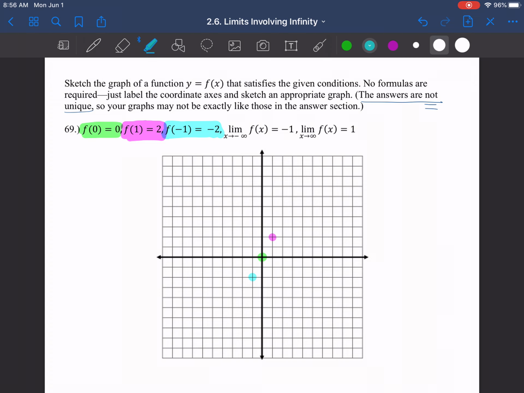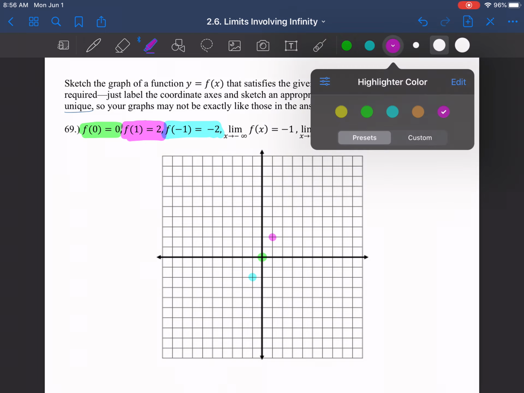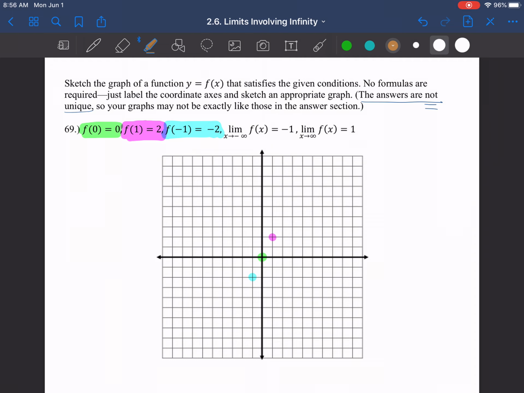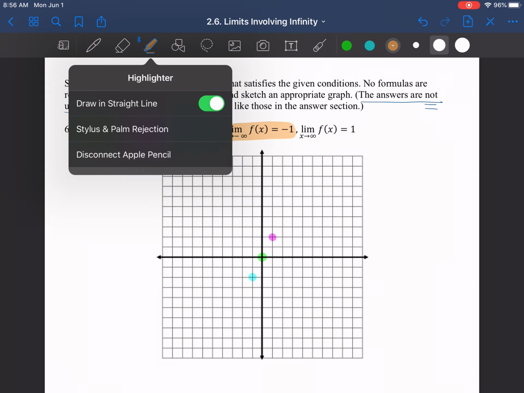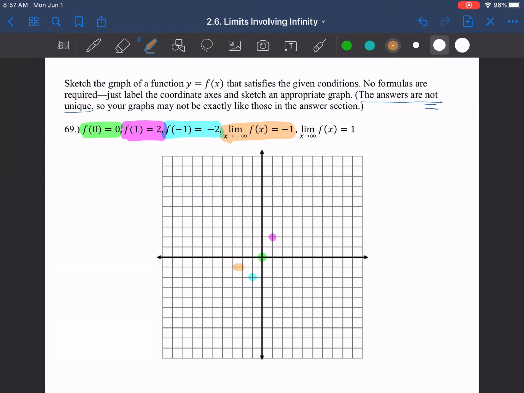Then it also tells us that the limit of f of x as x goes to negative infinity is negative 1. So that means that as we go to negative infinity, we have to approach this line right there.